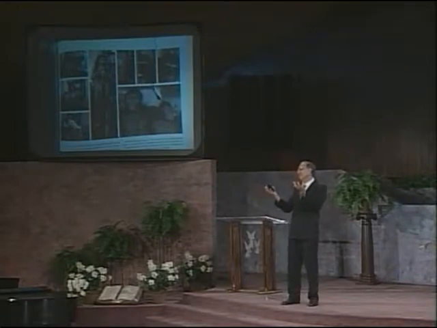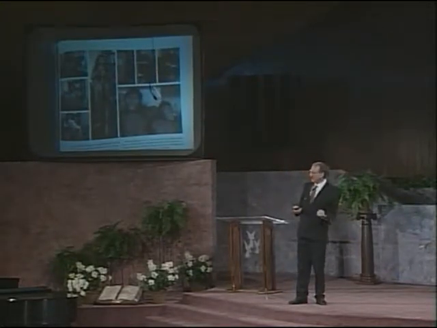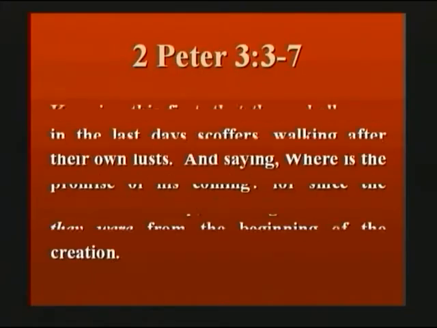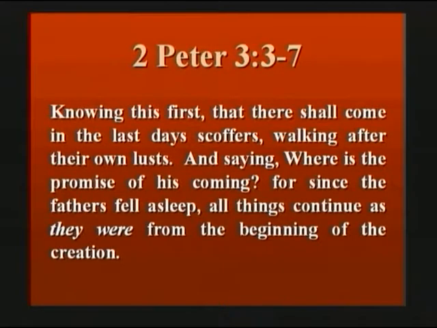So we have a great controversy here. Either we had this noble origin or we had this lowly origin. The one comes from above, the other comes from below. 2 Peter chapter 3 verse 3 says, knowing this first, that there shall come in the last days scoffers, walking after their own lusts and saying, where is this promise of his coming?